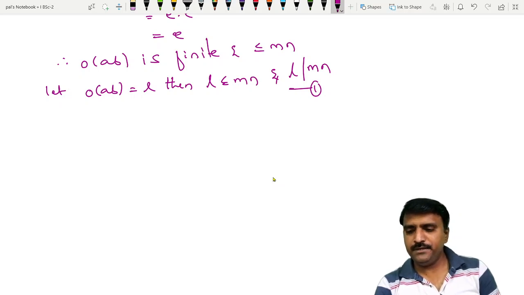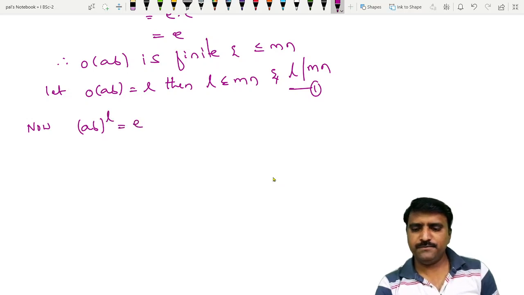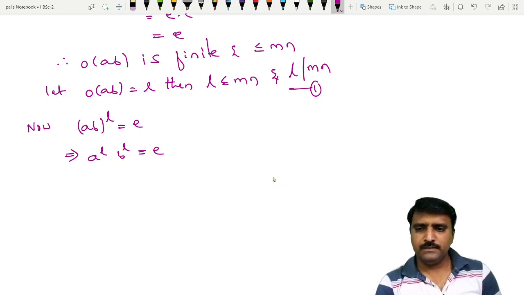Now AB to the power of L is definitely E. AB to the power of L is E, which implies that a to the power of L into b to the power of L is equal to the identity element E. Which implies that, in a to the power of L, b to the power of L, on both sides you take b to the power of minus L, E into b to the power of minus L.